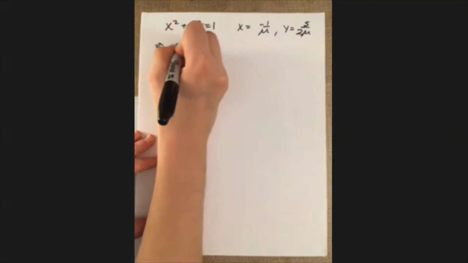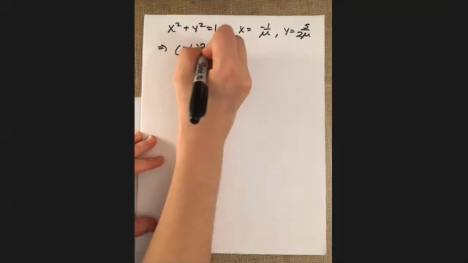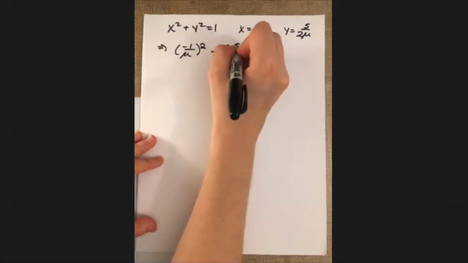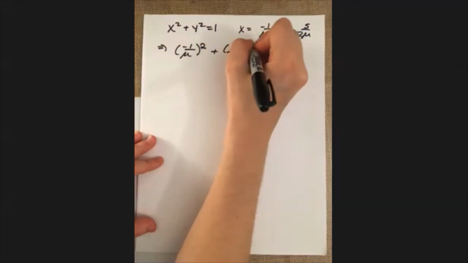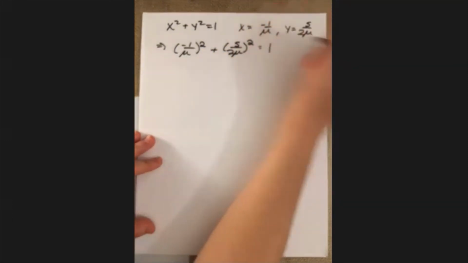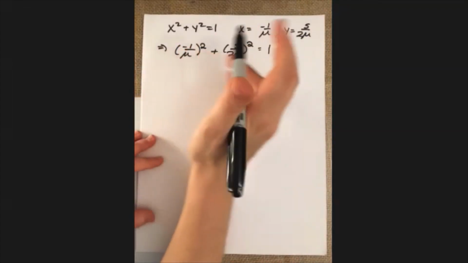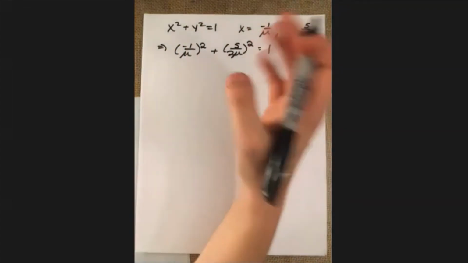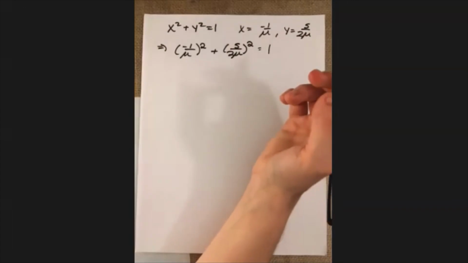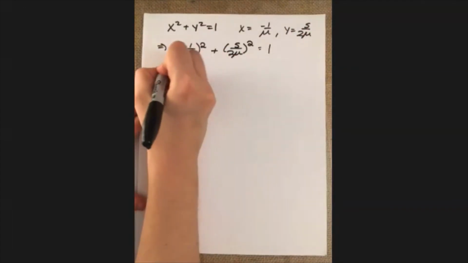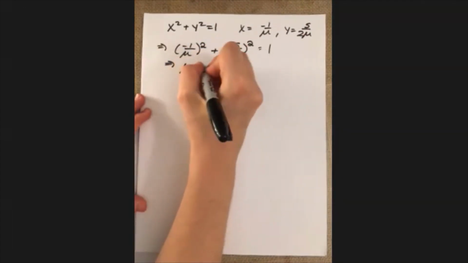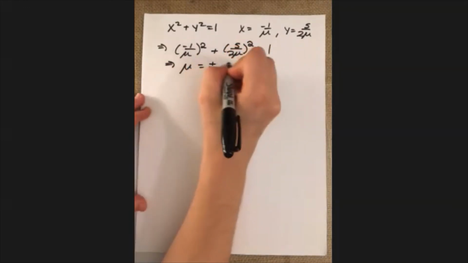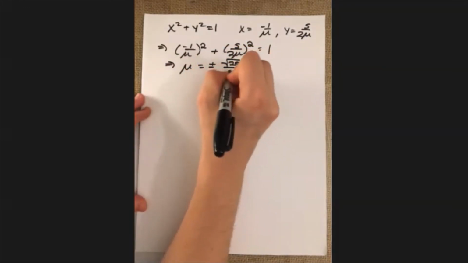So we get (-1 over mu) squared plus (5 over 2 mu) squared, and that's going to be equal to 1. We can solve all this out, rearrange it, combine like terms. What you wind up with is that mu is equal to plus or minus the square root of 29 over 2.